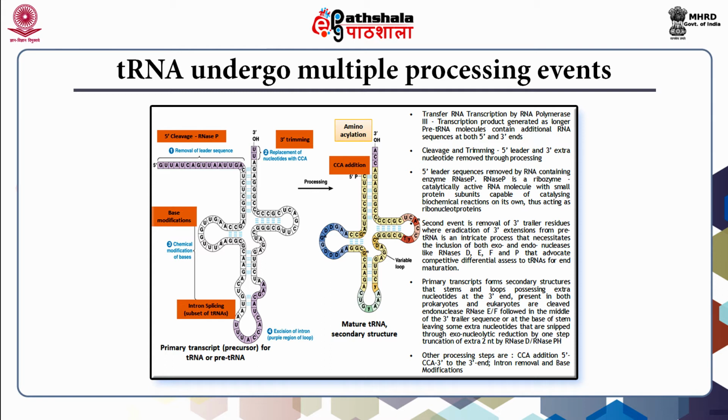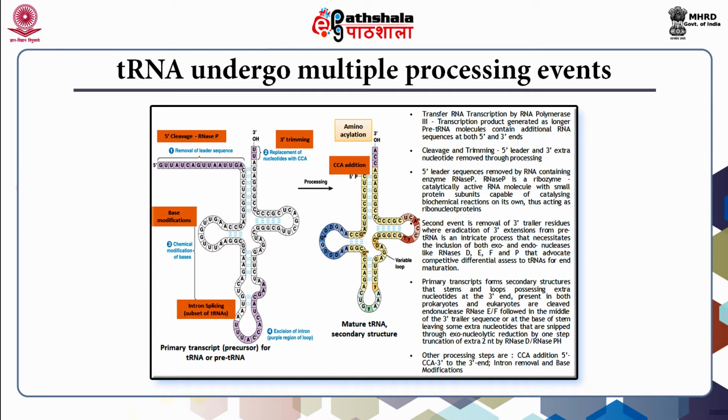The secondary structure stems and loops possessing the extra nucleotides at the 3' end, present in both prokaryotes and eukaryotes, are cleaved by endonuclease RNase E or F at the middle of the 3' trailer sequence or at the base of the stem, leaving some extra nucleotides.